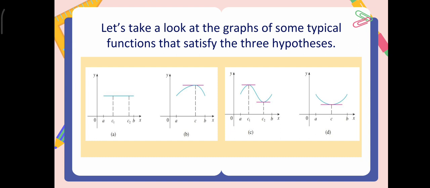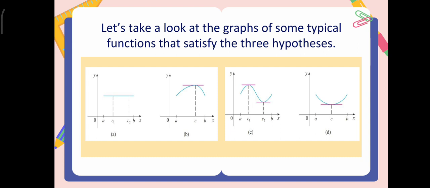Therefore, Rolle's theorem is plausible. Let's say, for example, for letter B, there is one point where the tangent to the function is parallel to the x-axis. Let's have letter C for 2 points and letter D for 1 point.